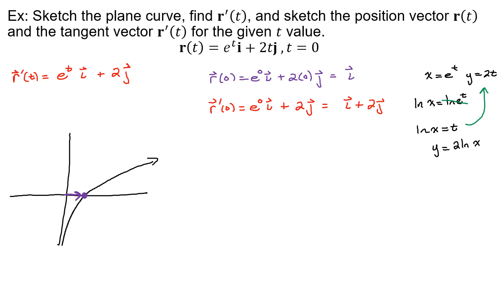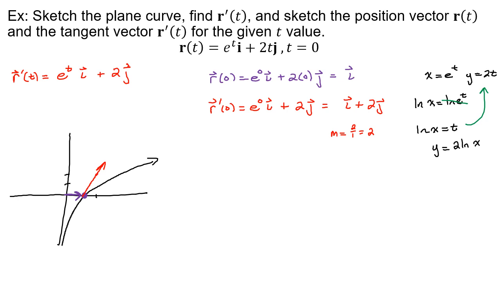The other vector, though, I could treat as a slope of 2 over 1, which is 2. I just go up 2 and over 1 off of that point. So up 2 over 1, I'm going to go up about right here, and I'll have a tangential vector going in this direction.